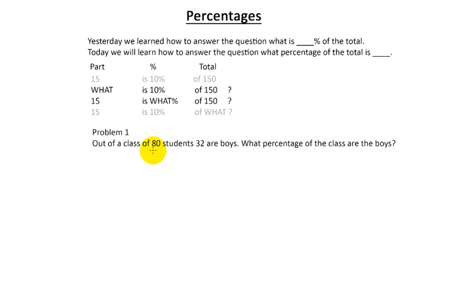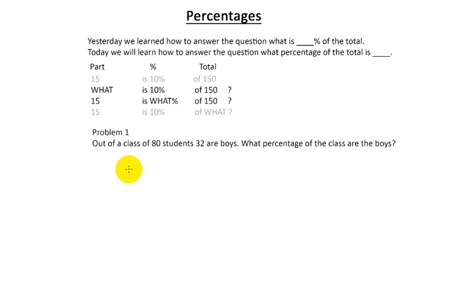You need to be able to tell apart the total from the part. So you need to think of what in this problem is the whole and what is the part. It says here that there's a class of 80 students and 32 are boys. So the whole, the entirety, is the entire class, the 80 students.